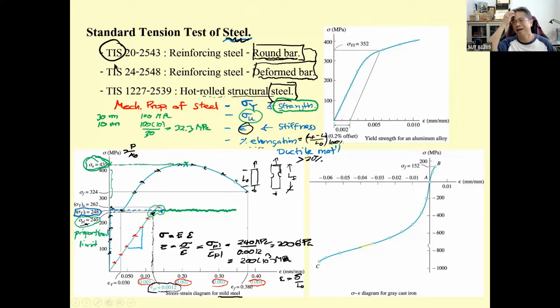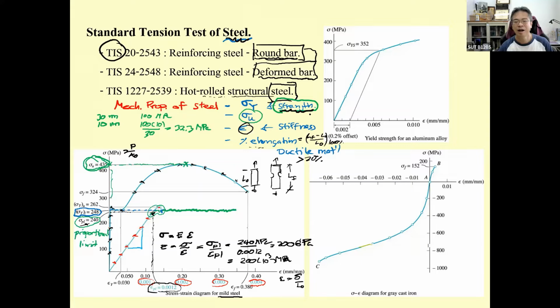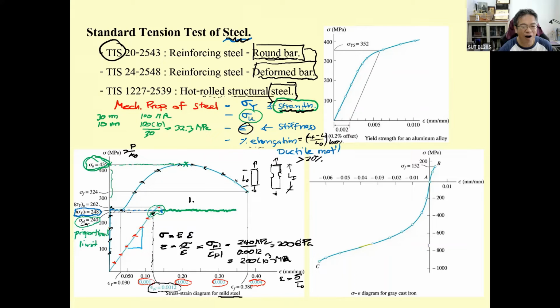Large strength has low percent elongation usually, and lower strength, lower yielding stress may have larger percent elongation. It means it is going to be more ductile than high strength material. Okay, that is a kind of ductile material, the steel.